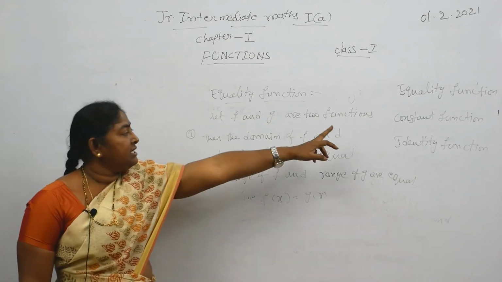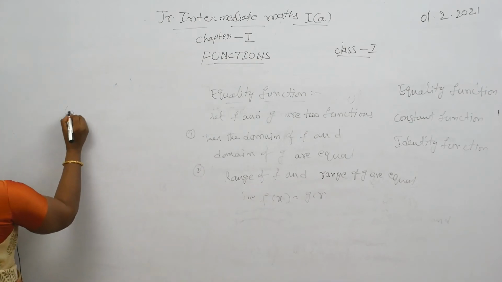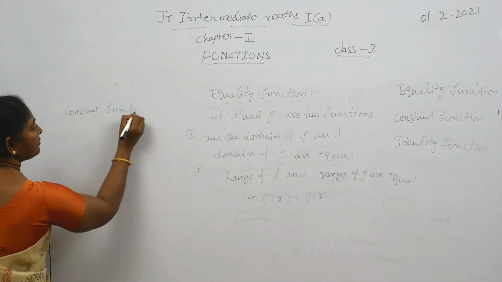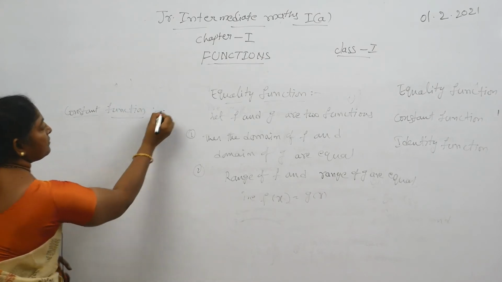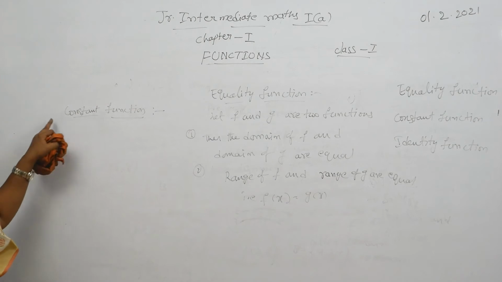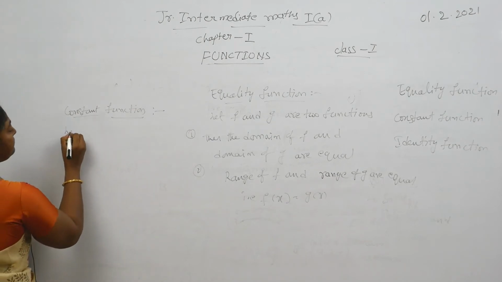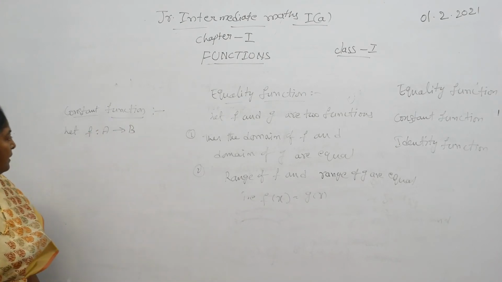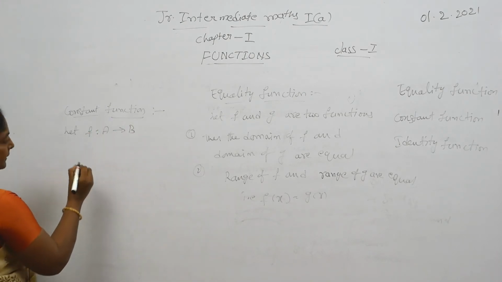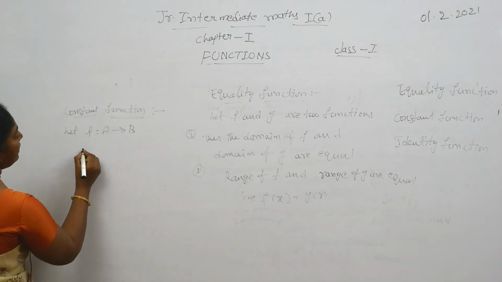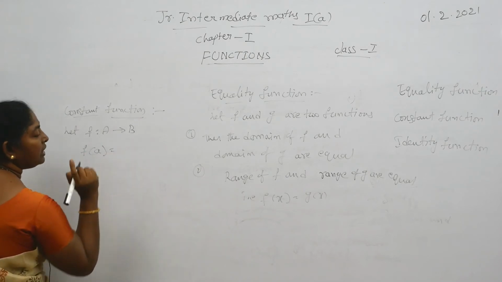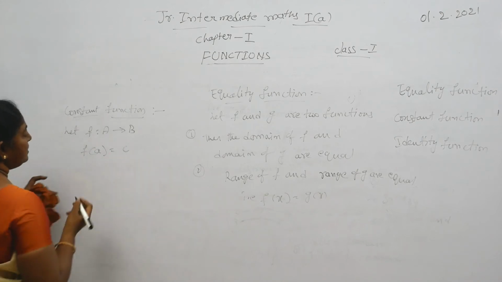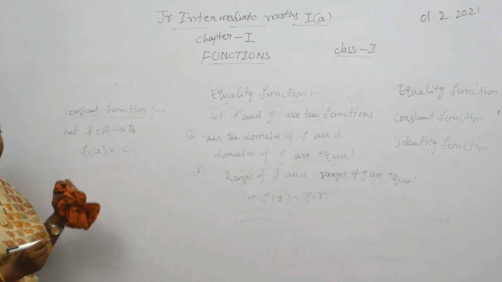Next, constant function. Let f be from a to b, where f of a equals one and only one element. So the range has only one element.